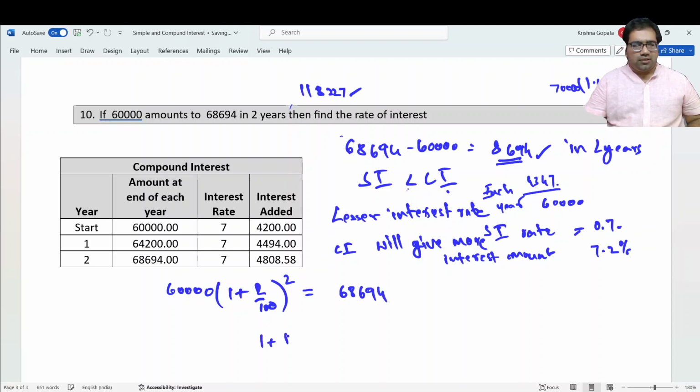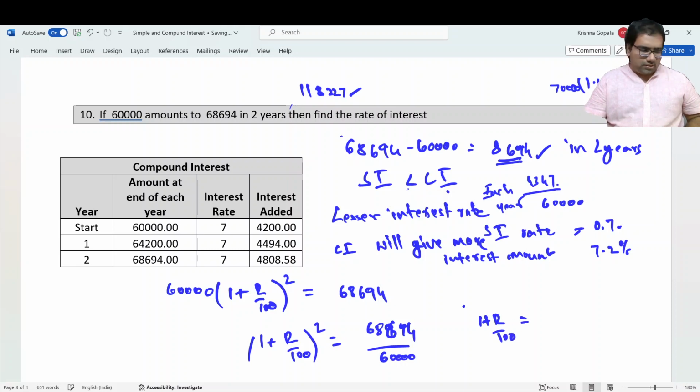That means 1 plus r by 100 whole square is equal to 68,694 by 60,000, which is roughly 1.14. So 1 plus r by 100 is the square root of 1.14, which is roughly 1.07.